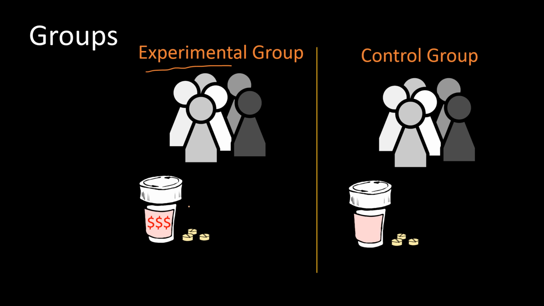We are going to give them the more expensive medication. The control group basically answers the question, compared to what? We want to be able to compare to see if the expensive medication had any effect. So we're going to have to compare it to a cheaper medication. That's the experimental group and control group. Control groups are really important, otherwise you have an invalid experiment. You have nothing to compare the experimental group to.